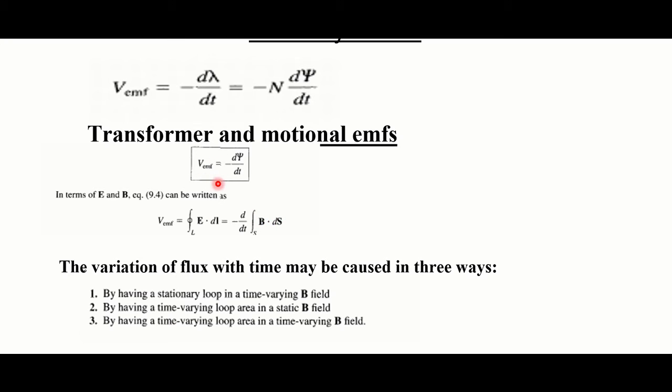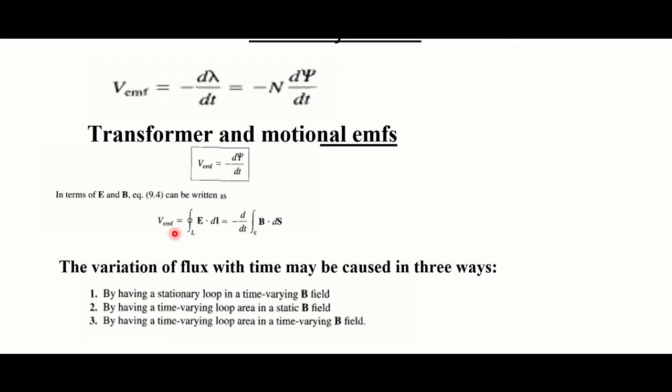So we can write the EMF in terms of the electrostatic field as the line integral of E dot dl, and in terms of the magnetostatic field as minus d by dt of the integral of B dot ds. This is the induced EMF, V EMF.